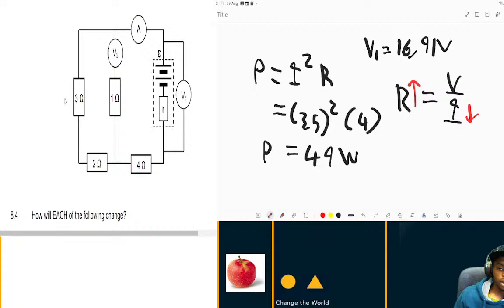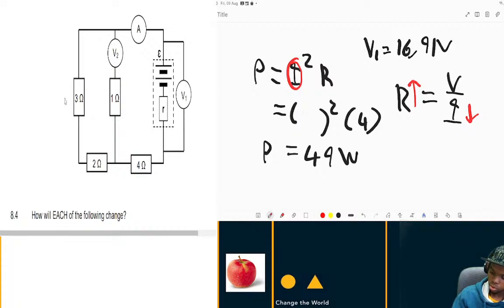So if we have less current, look at what will happen to this power. Now we have 3,5 here, right? Let's say we do not have 3,5 here. Let's take this 3,5 out, and it's decreased.